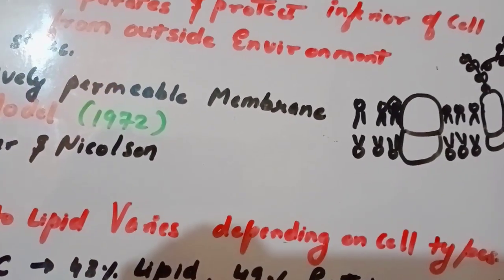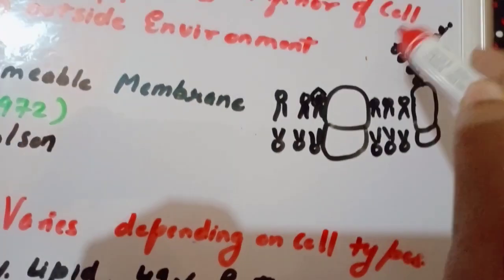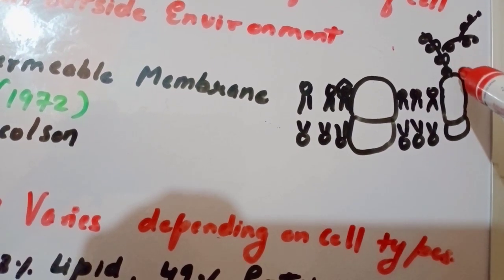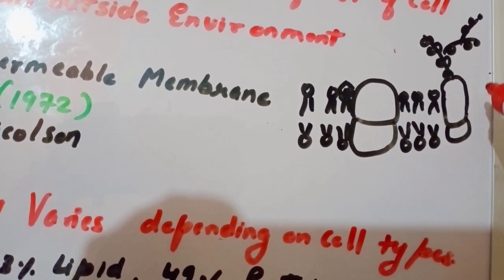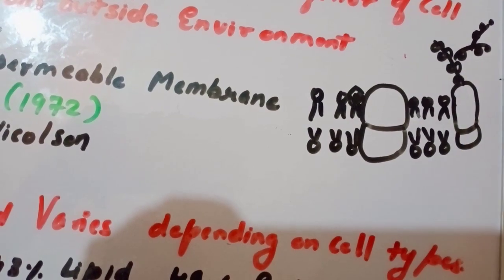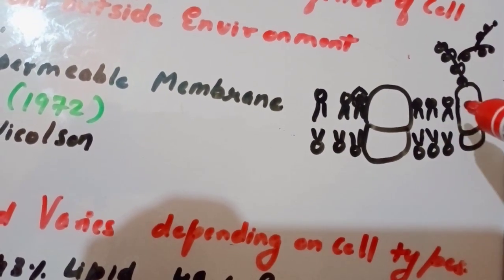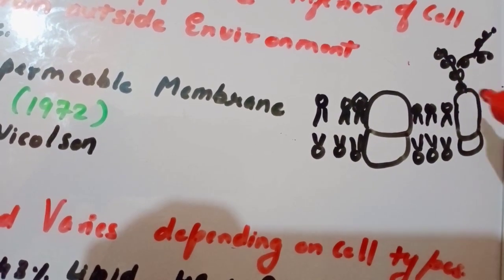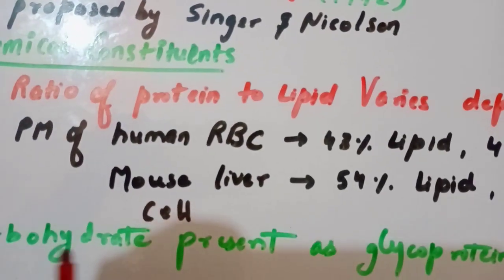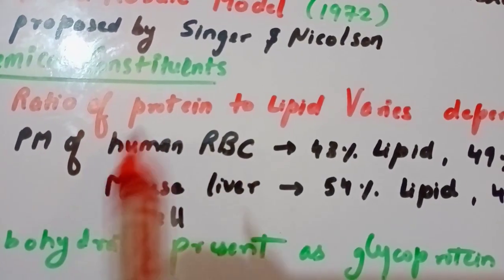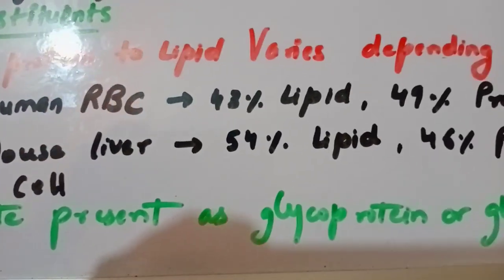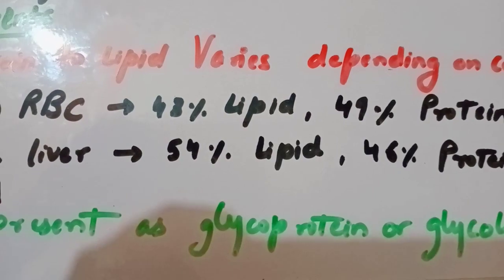This is a glycoprotein structure, which is attached to this integral protein. What are glycoproteins? Glyco means carbohydrate. Carbohydrate attached to proteins are called glycoproteins. Carbohydrate in the plasma membrane is present in two forms, glycoproteins or glycolipids.